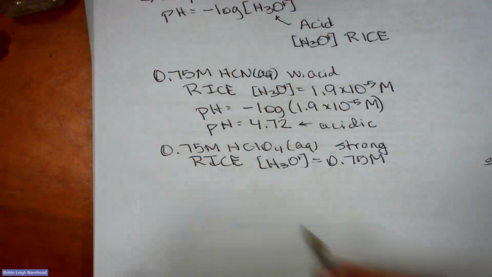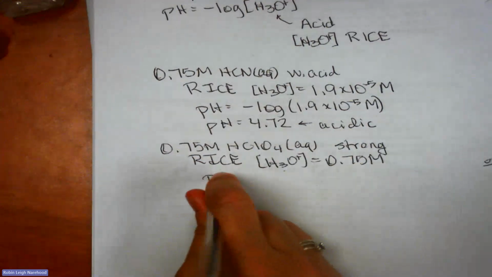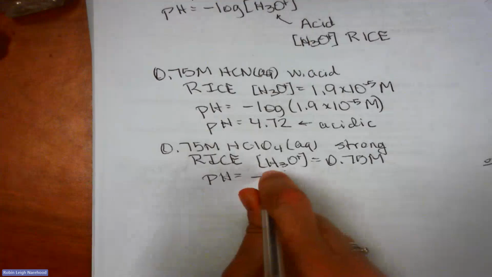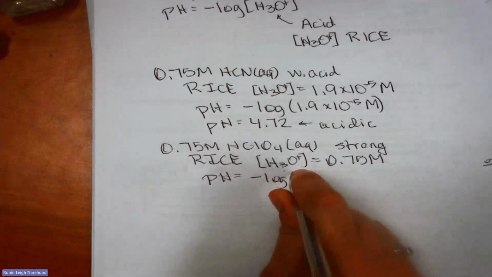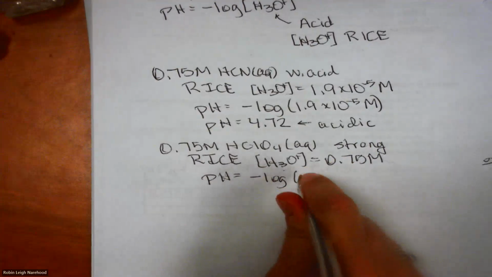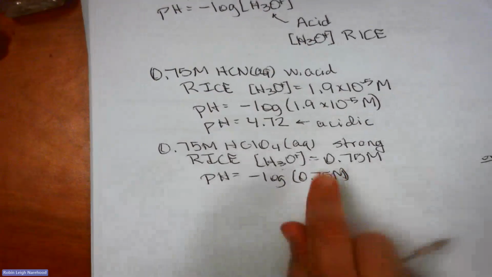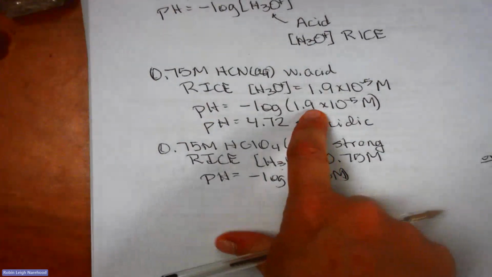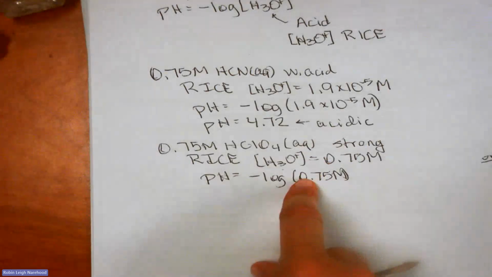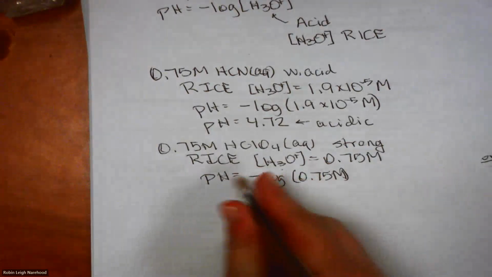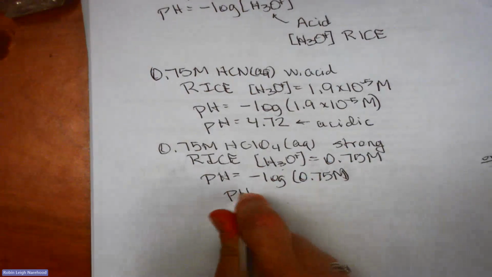Okay. So this is our value that we take the pH of. So it's pH of the negative log of that hydronium. This concentration is much higher than the previous one. So our pH is going to be much more acidic. So it's going to be closer to 0.